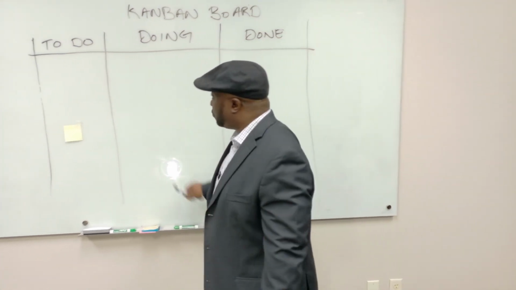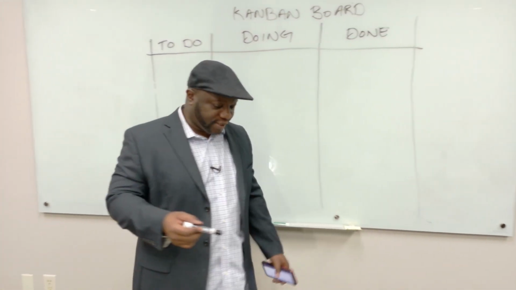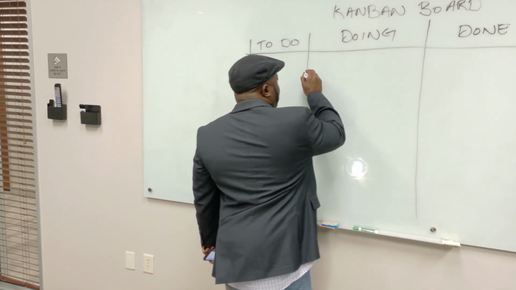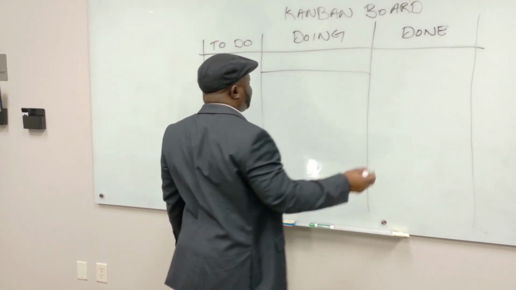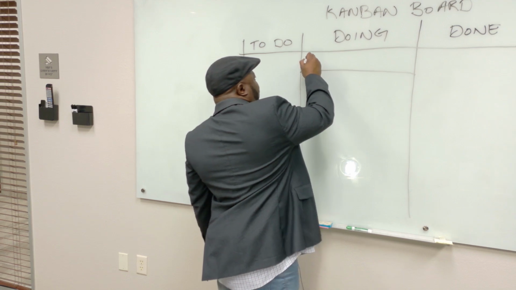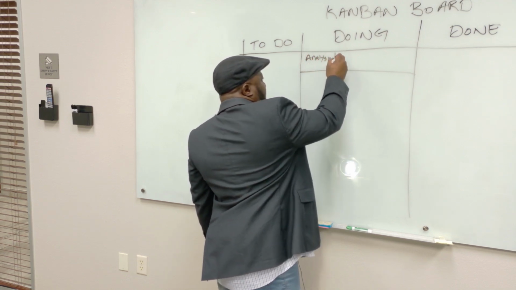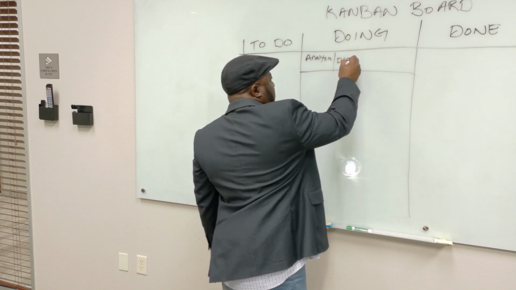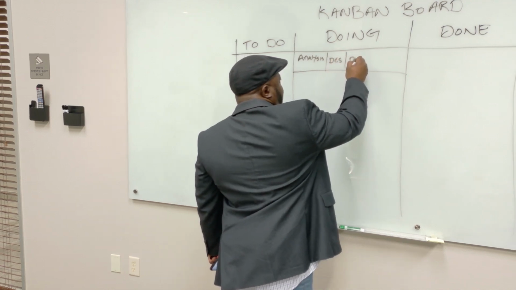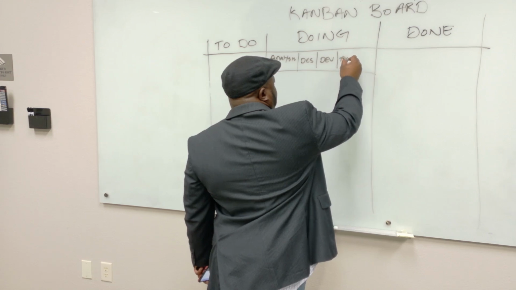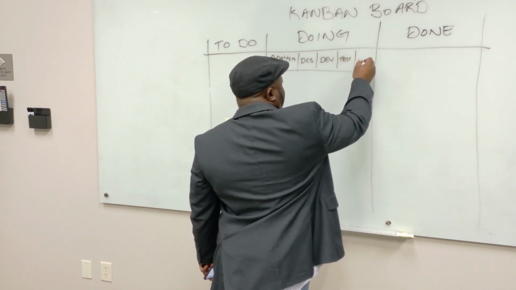Now, when it comes to the doing state, I want you to understand that we can break these down into substates. So I can have analysis, I can have design, I can have develop, I can have test, I can have implement.